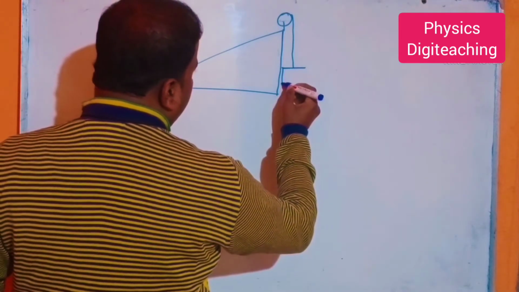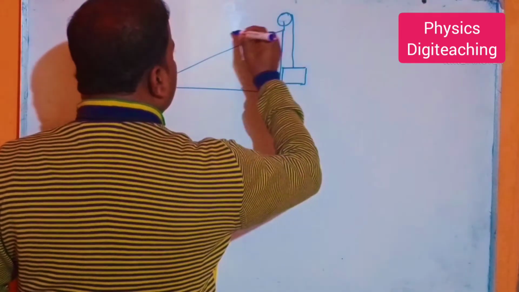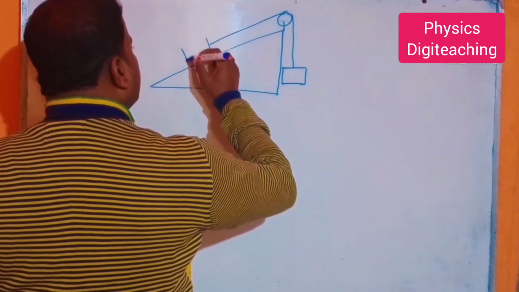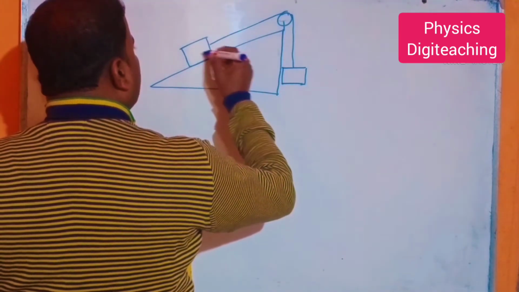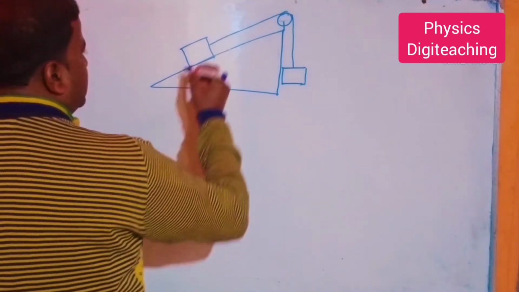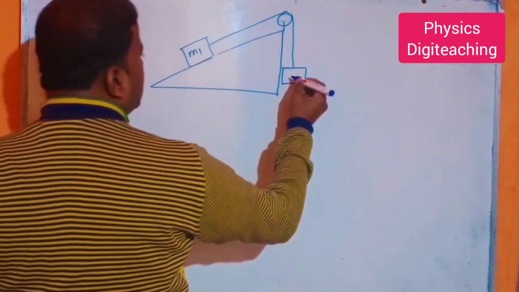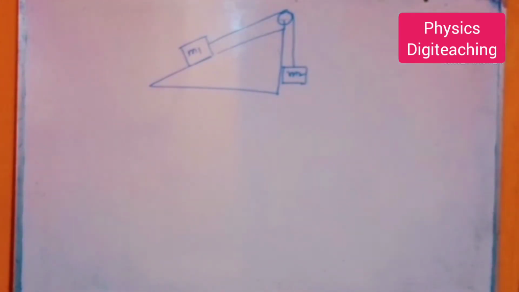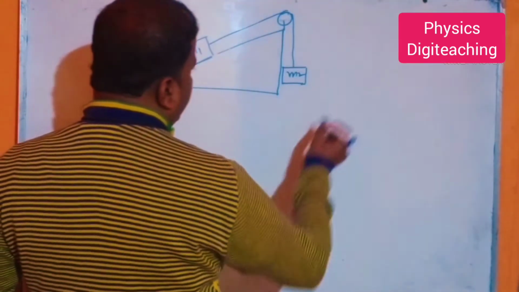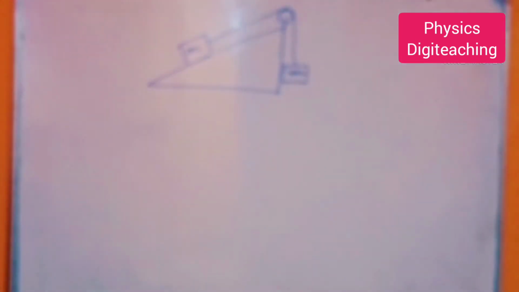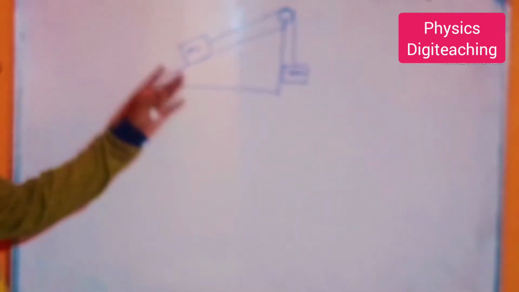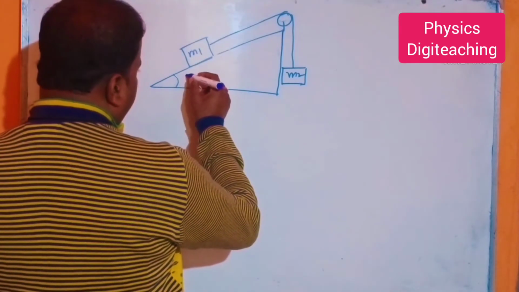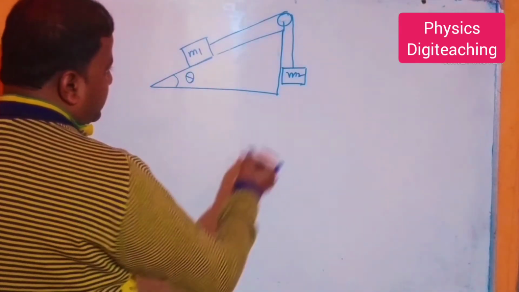One is hanging and one is on the smooth inclined plane. Say mass m1 and this is m2. As before, here we find out the components of forces that act on the masses m1 and m2. Here the angle of inclination is theta.